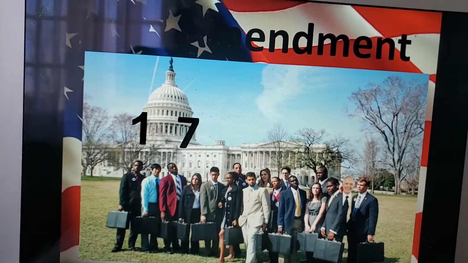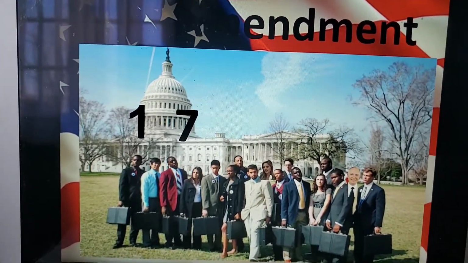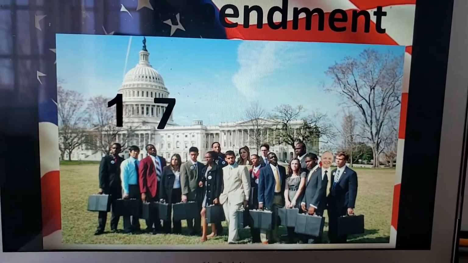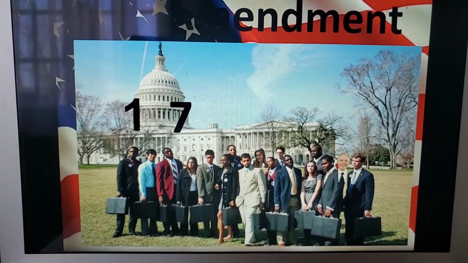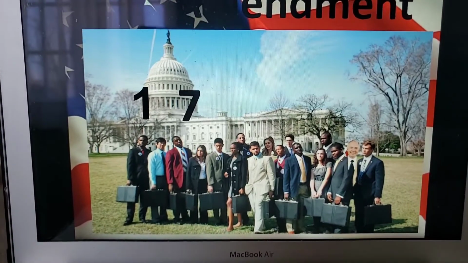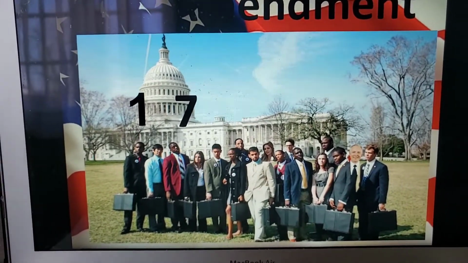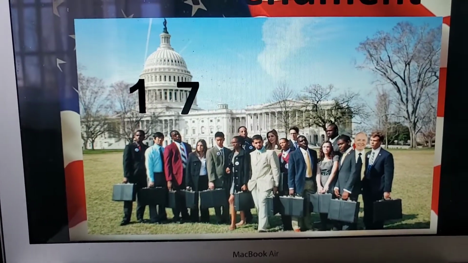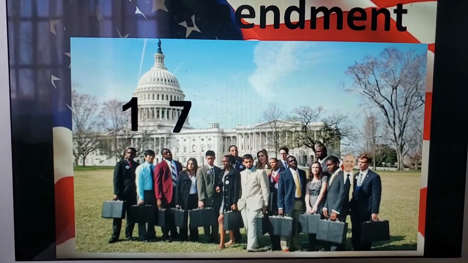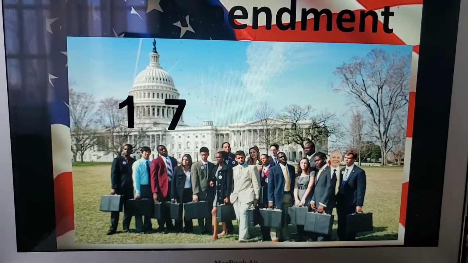And one of those instances of getting more power is that now we vote for who our senators are instead of the state legislators deciding for us. So 17 senators are elected through the use of the popular vote.